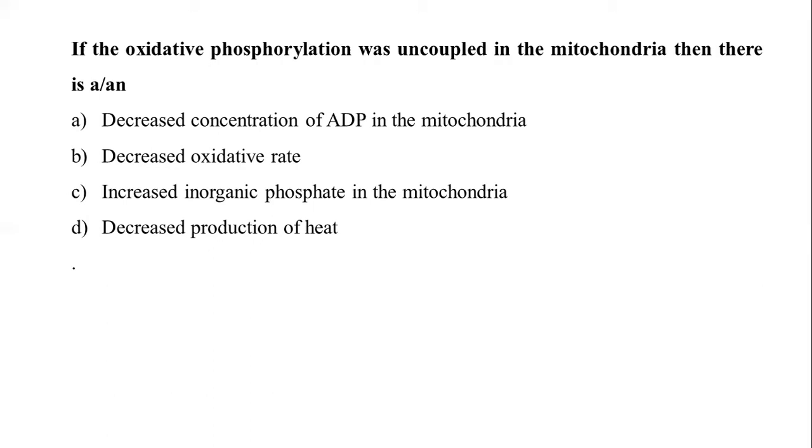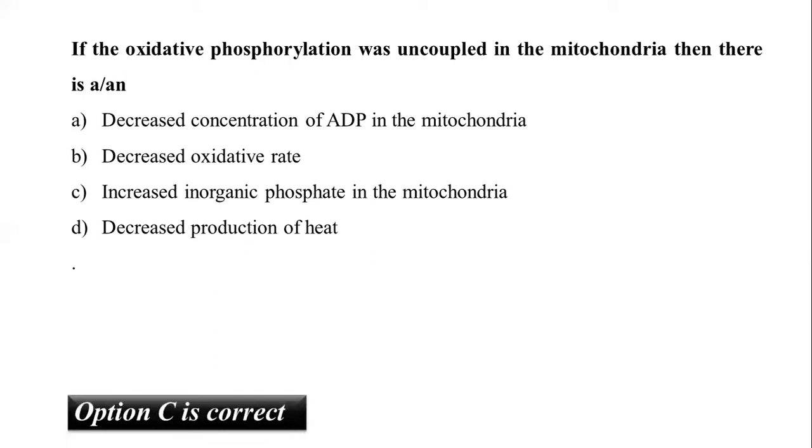Hence, the final outcome would be increased oxygen consumption but halted ATP synthesis, and hence increased inorganic phosphate and ATP concentration. So the right answer would be option C, increase in inorganic phosphate in the mitochondria.